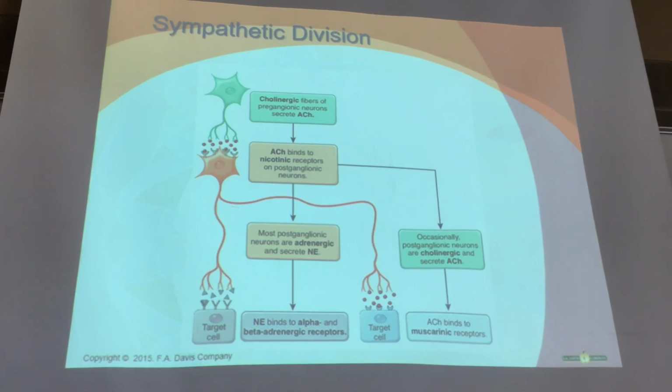Right here, this would be the postganglionic neuron. And this could go to either adrenergic or cholinergic.